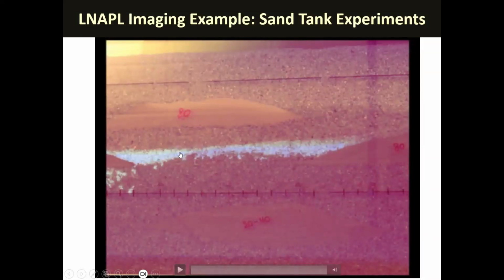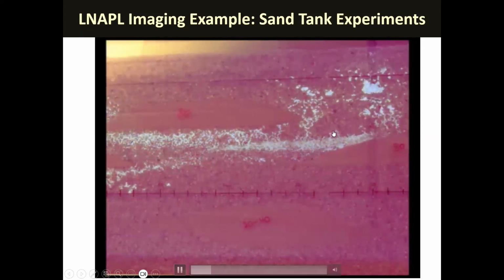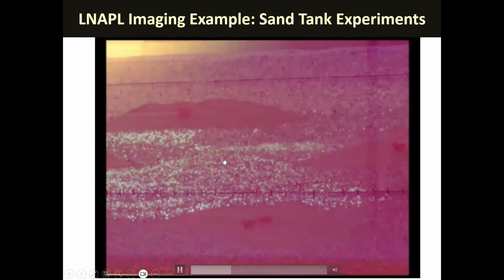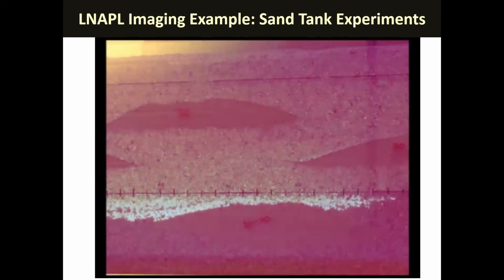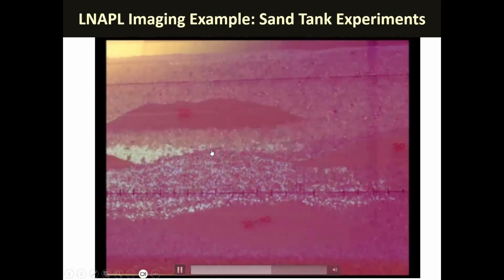So the contaminant has reached this point, and we're going to see what happens when the groundwater levels go up and down. The water level is going up, and the contaminant tries to keep up. And then the water goes down, and the contaminant floats on top of that water table. When it goes up, it redistributes itself. You can see this redistribution in the pores.